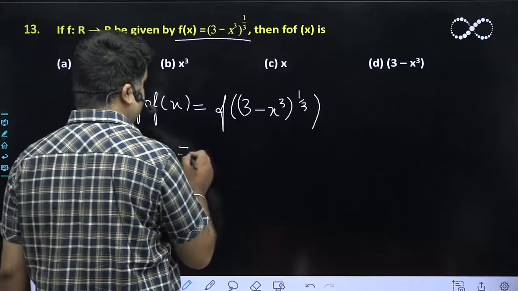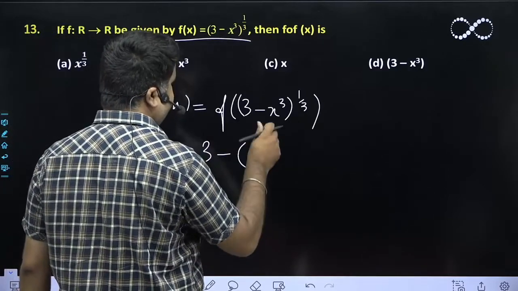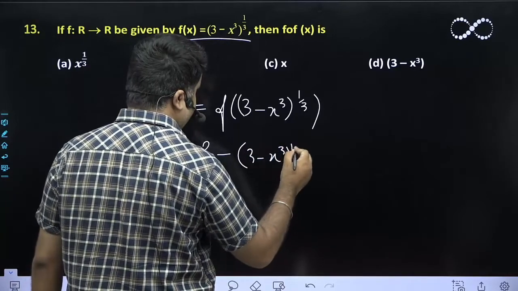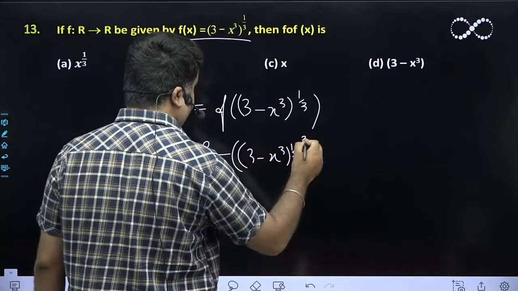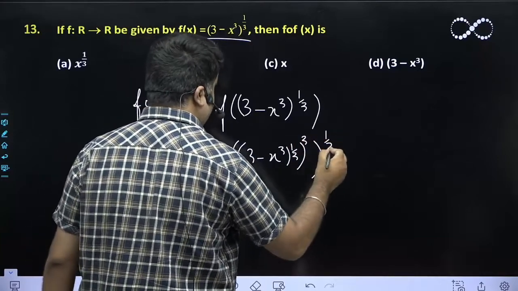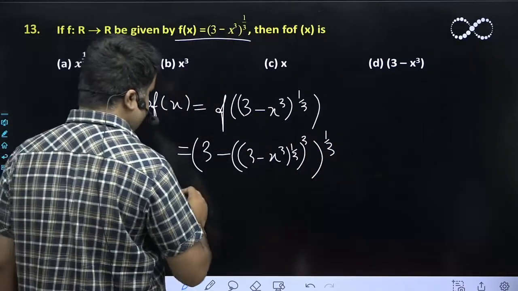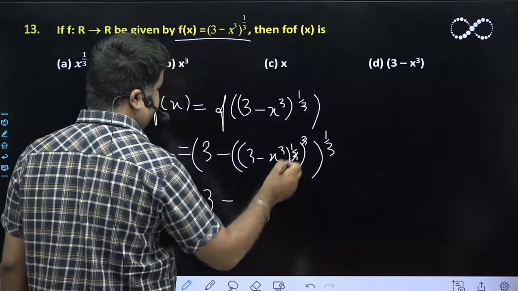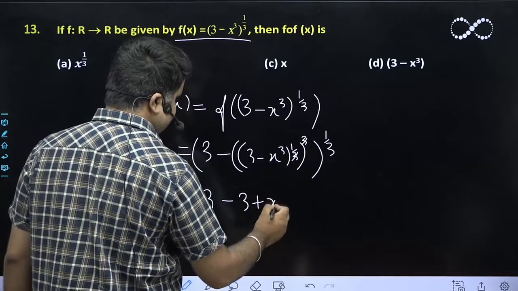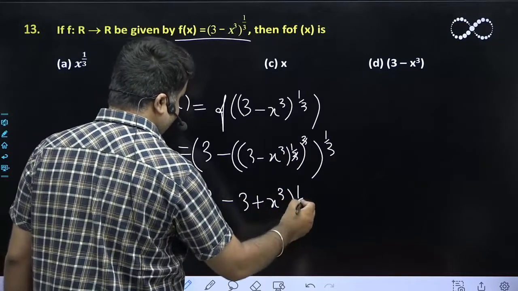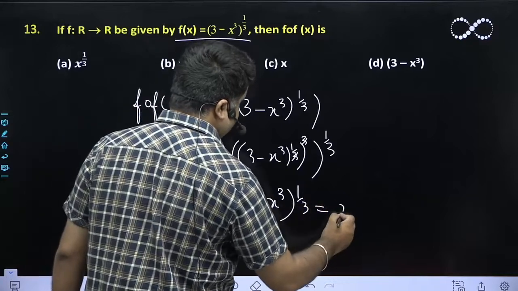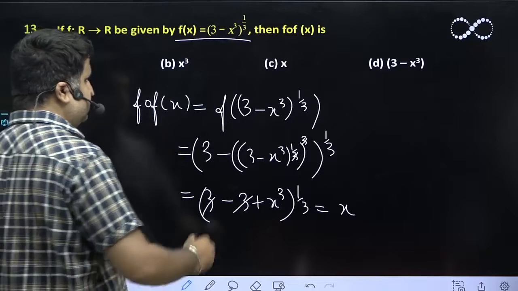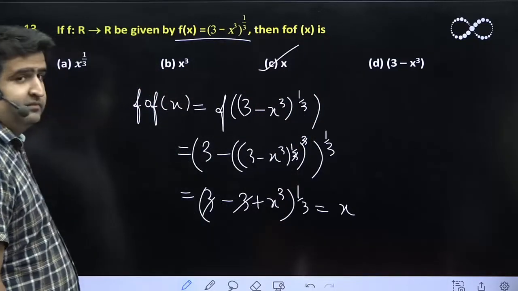So this becomes 3 minus, so in the place of x we substitute this whole term, (3 minus x cube) to the power 1 by 3, cube, to the power 1 by 3. Now if you simply open the brackets, you get 3 minus, so this power 1 by 3 and 3 cancel, 3 minus (3 minus x cube), to the power 1 by 3. So therefore this becomes equal to x. So what is f of f(x)? This is equal to x in this case.